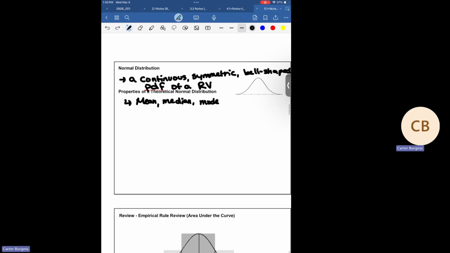They are all equal. And as you can pretty clearly see with the bell shape, this is going to be a unimodal distribution, right? Only one mode.